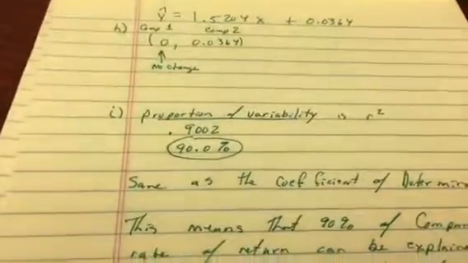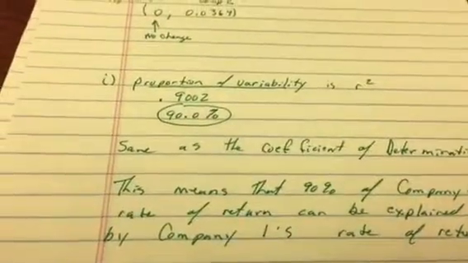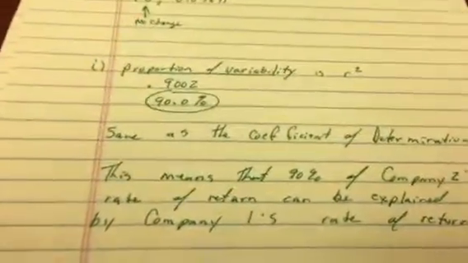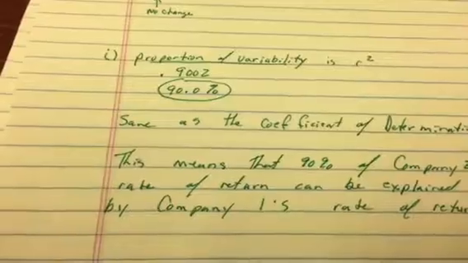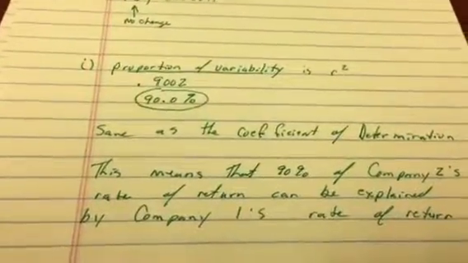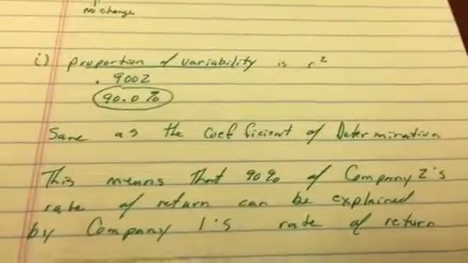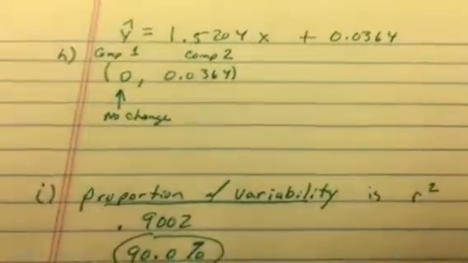And finally, here's the last part. The coefficient of determination, I think that's the section we're in right now, 4.3. The coefficient of determination is r squared. It's also called the proportion of variability.